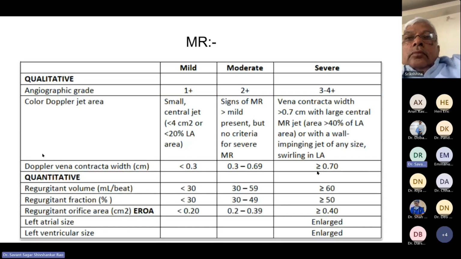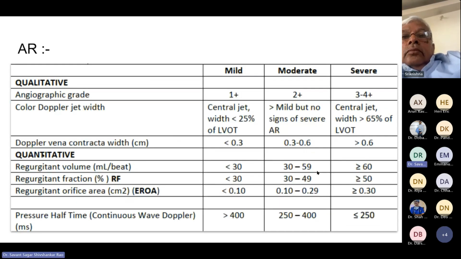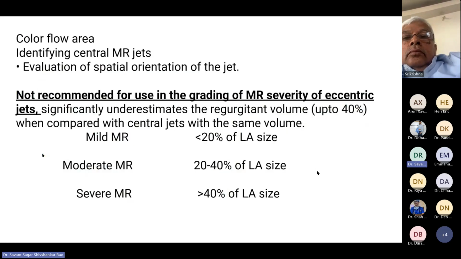So in MR, this is the criteria. To know all this, we will see how to calculate the vena contracta, as it is a useful component of assessing aortic regurgitation as well as mitral regurgitation. Before that, we will assess the color flow area that is identified mainly in the central jet.